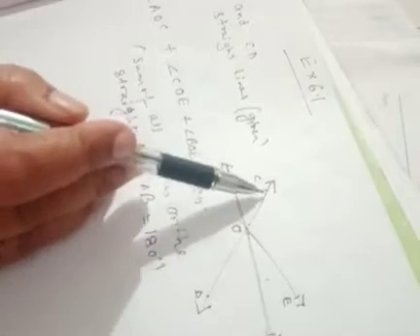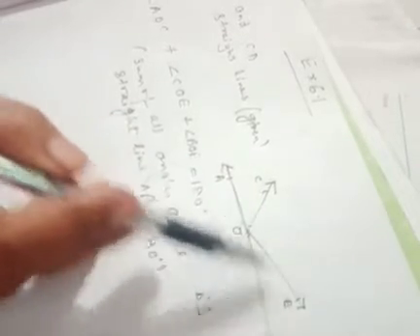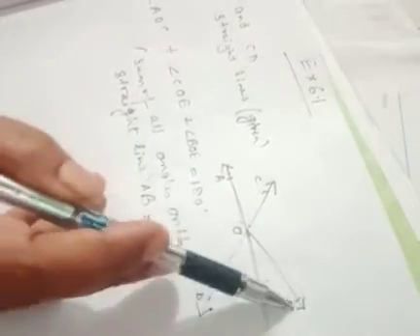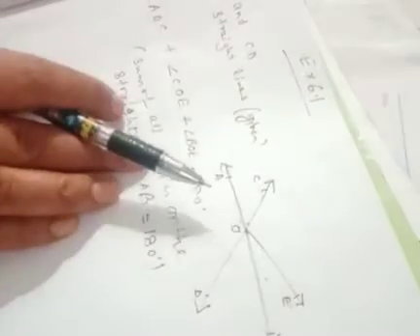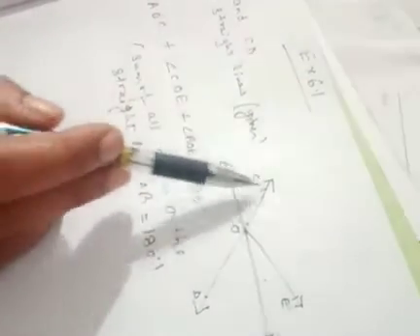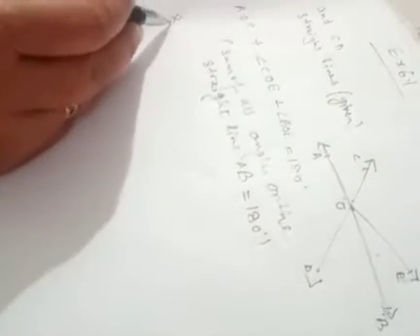You see there are three angles: angle COE, angle BOE and angle BOD. So the sum of these three angles should be equal to 180 degrees because these three angles lie on the straight line CD. So similarly write down.